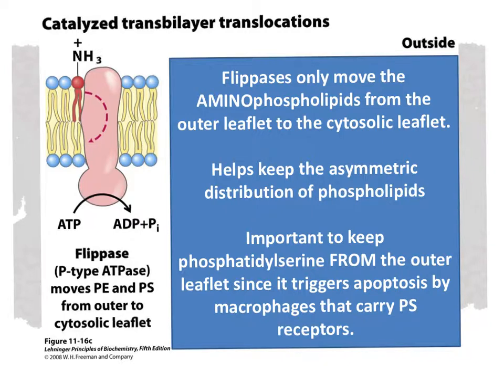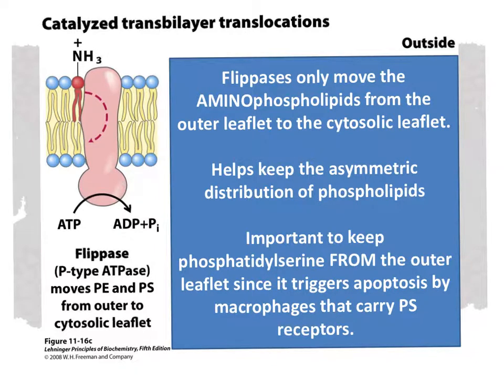It helps to keep the membrane asymmetric. This is very important because you need to keep the phosphatidylserine from the outer leaflet, because it is a signal for macrophages. There are macrophages that recognize PS. And so if you get the PS to start to go on the outside, that cell will die. It's a signal for apoptosis.